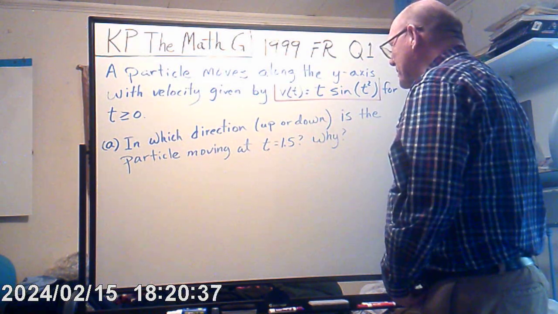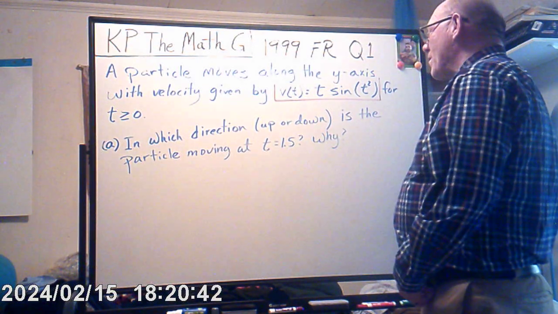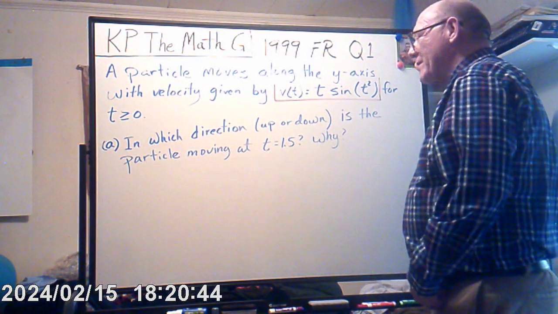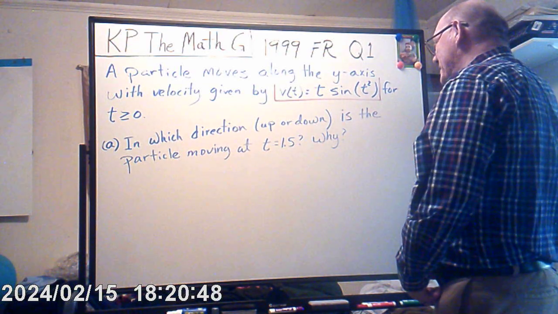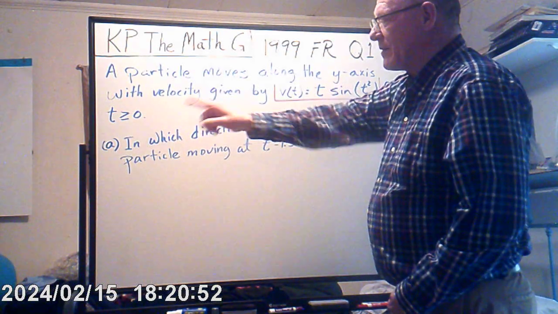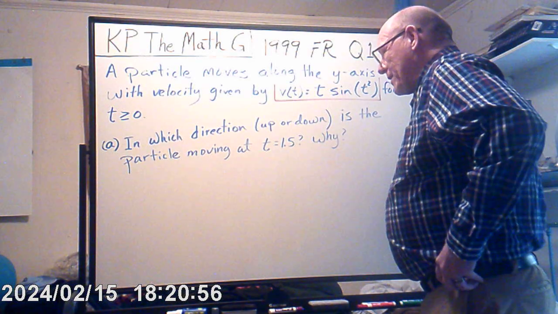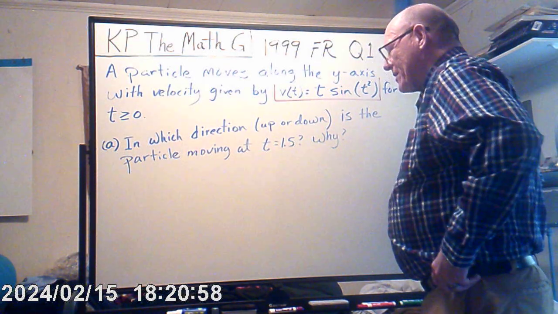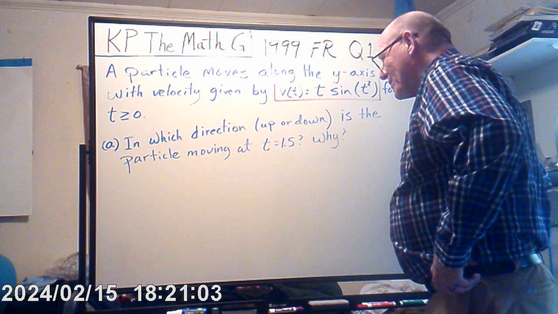1999, free response question 1 says this. A particle moves along the y-axis with velocity given by v of t equals t sine t squared for t greater than or equal to 0. In which direction, up or down, is the particle moving at t equals 1.5?